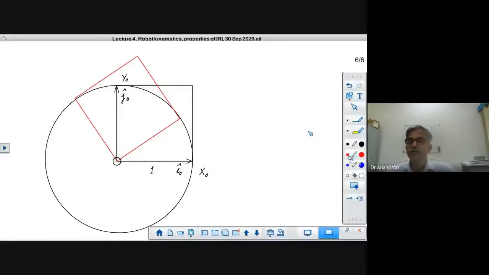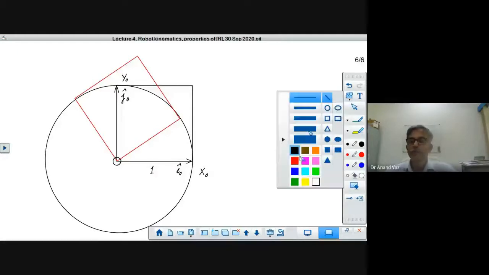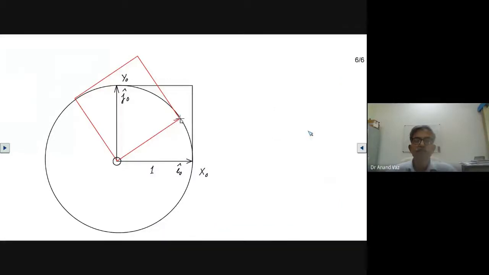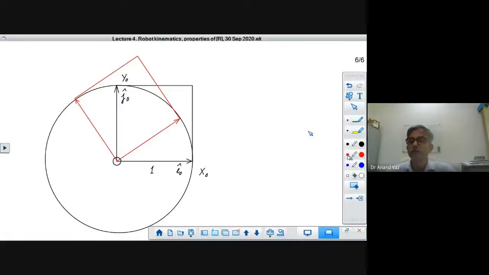Likewise, we have here the unit vector corresponding to frame 1.